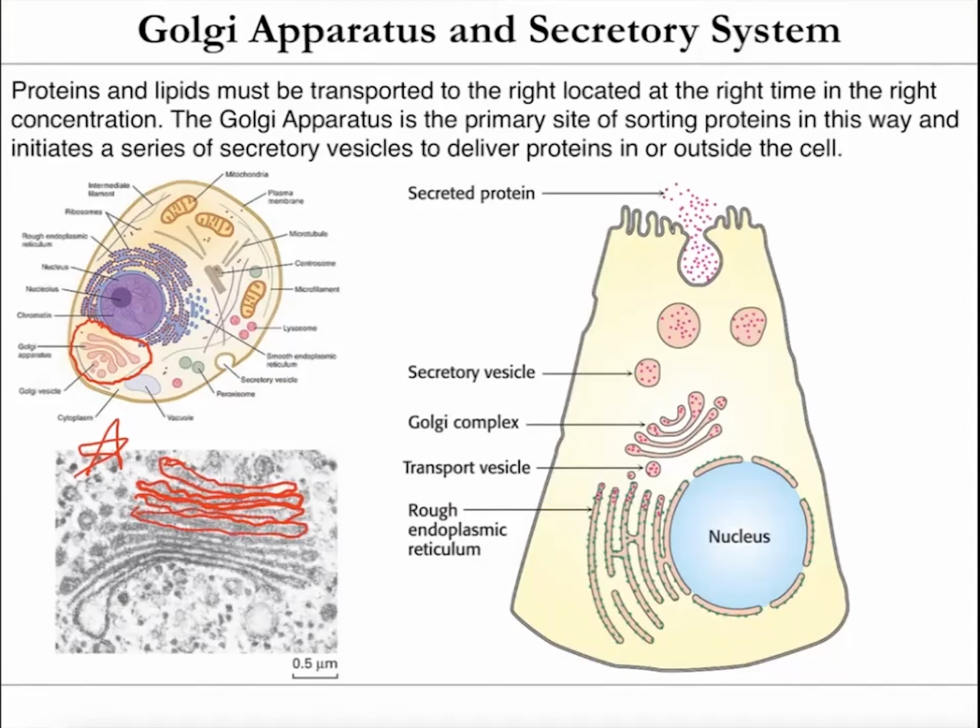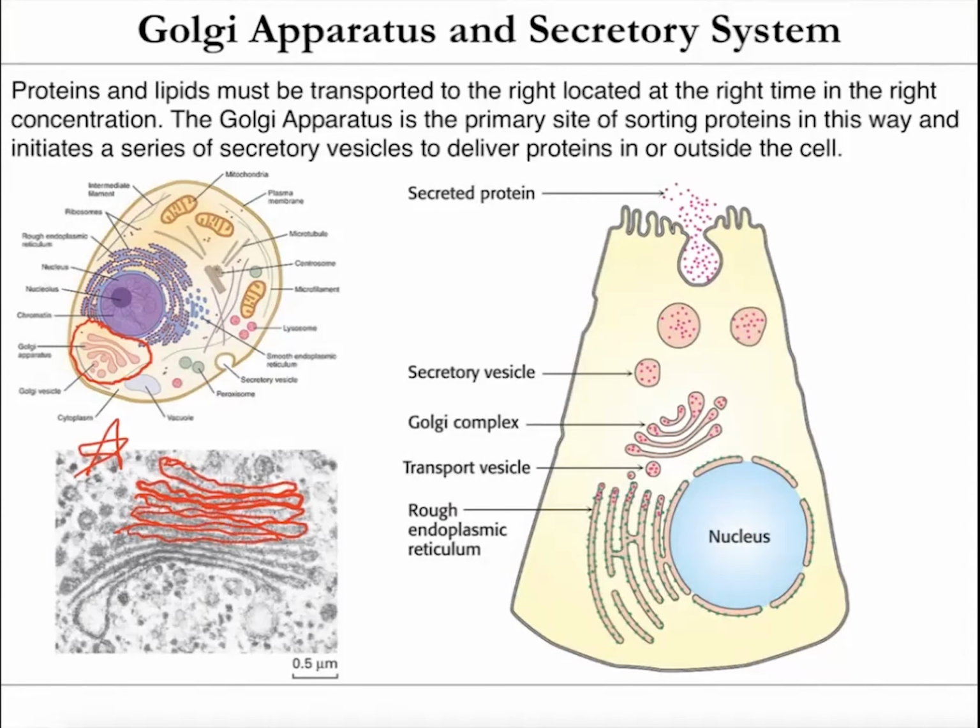So what does this Golgi apparatus do? It's involved in transporting proteins from the endoplasmic reticulum and getting them to where they need to go in the body. It's part of what's called the secretory system in the cell.